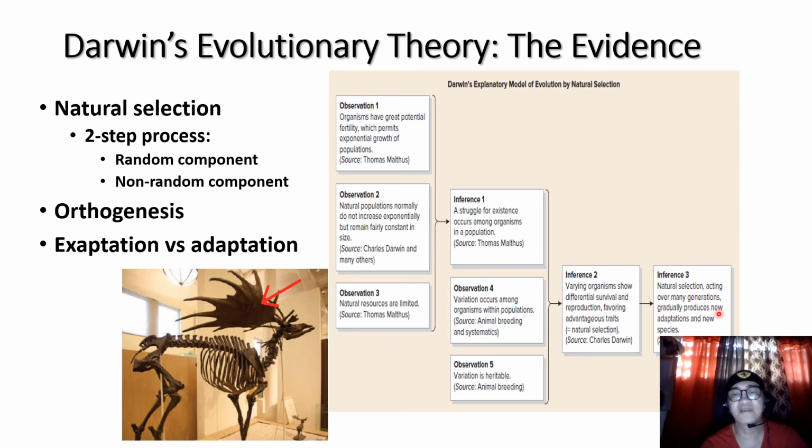And the third inference is that natural selection, acting over many generations, gradually produces new adaptations and new species. So these were his observations and the inferences he drew from them that led him to the idea of natural selection.